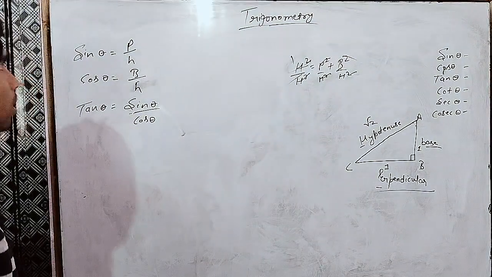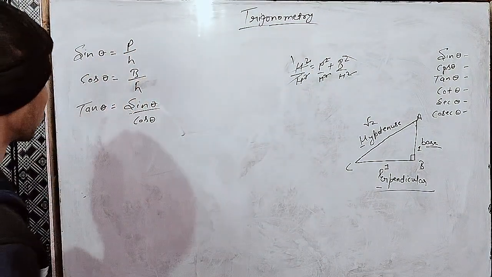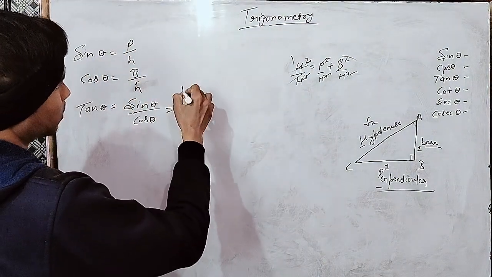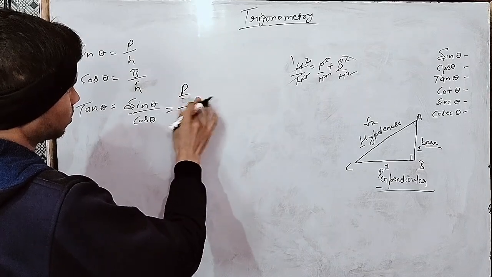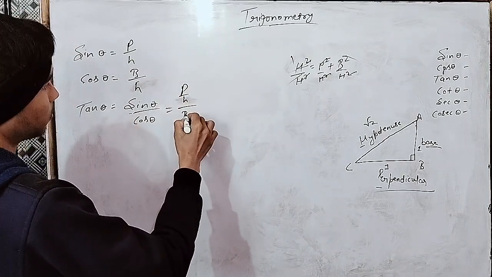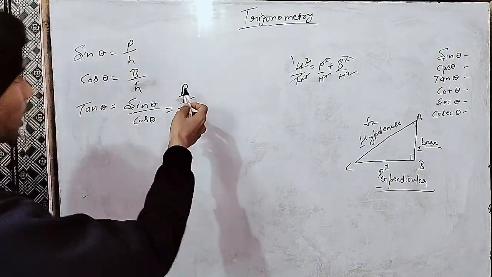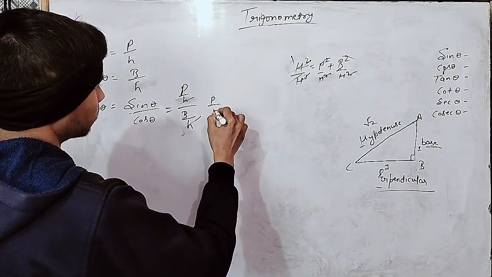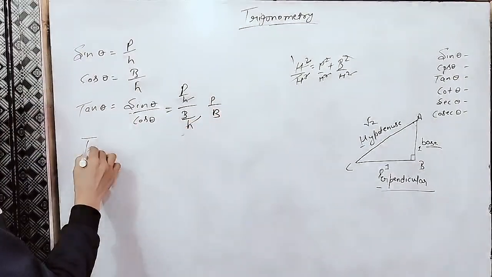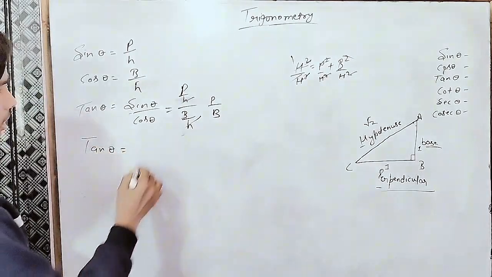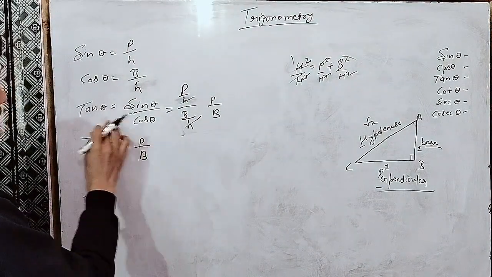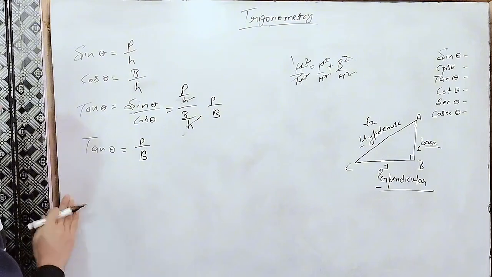How? P by H, then B by H. So H will get cancelled, and we have P by B. We can also write it like that, P by B. This is a formula and that is also a formula.